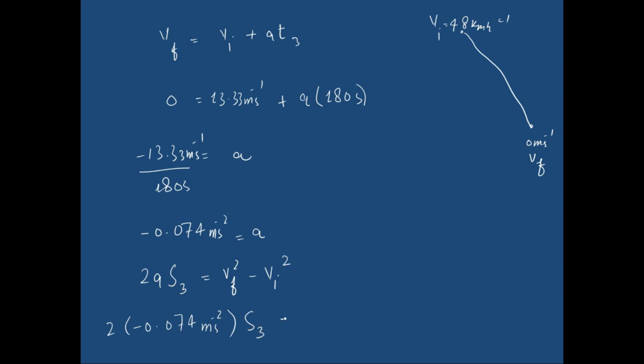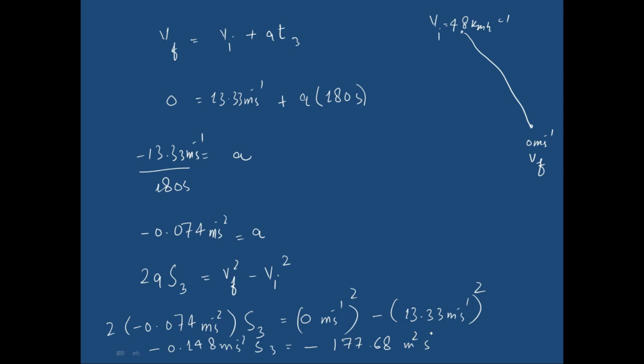S3 times that is equal to the final velocity, 0, minus the initial velocity, 13.33 meters per second, squared. That gives negative 0.148 meters per second square times S3 equal to negative 177.68 meter square per second square.